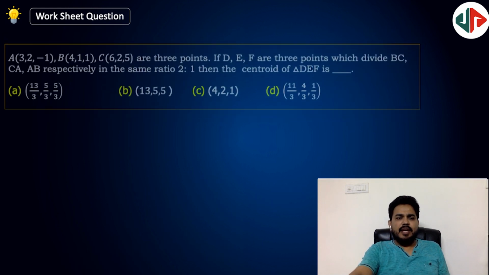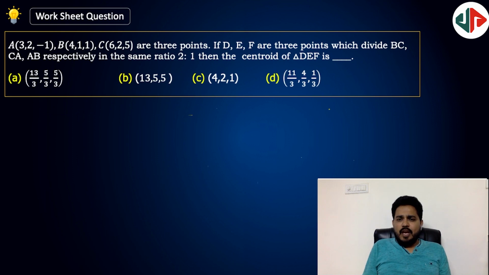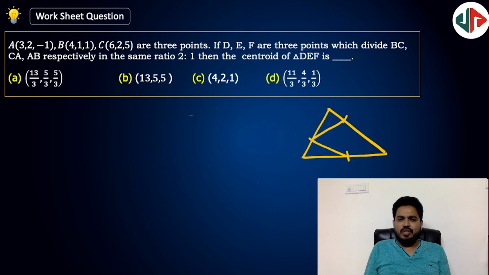Next question is, when a triangle is given and D, E, F are dividing the sides in the same ratio, the centroid of the triangle will not change because D is equal to C plus 2B by 3 will be there.